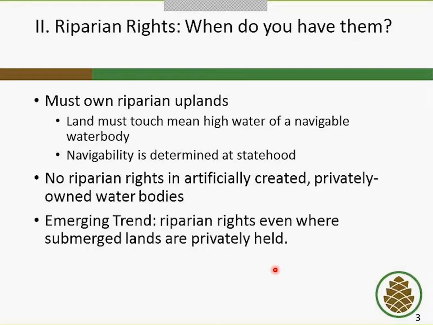We get a lot of claims, as I'm sure most of the people in this room and on the phone have run into from time to time, particularly about dead ends of artificially created canals. And we probably have 3 or 4 of those disputes going on at any one time.